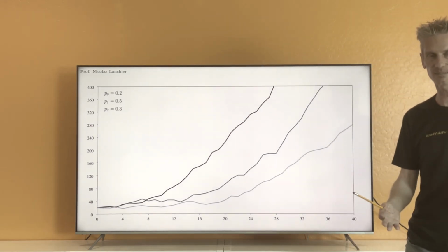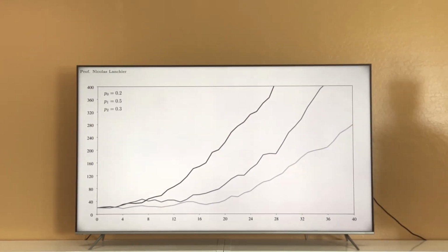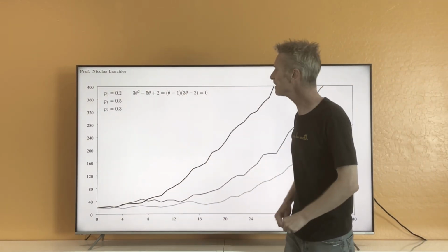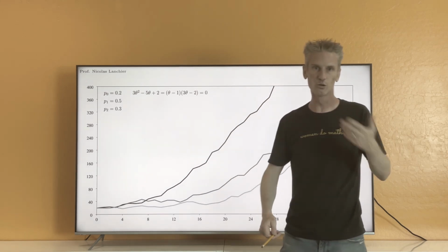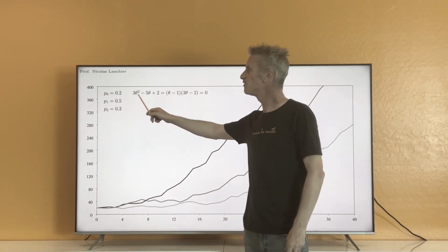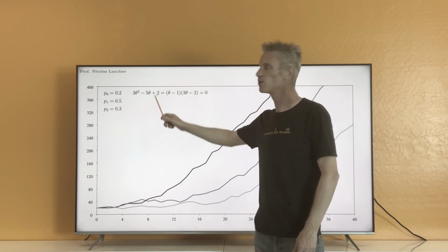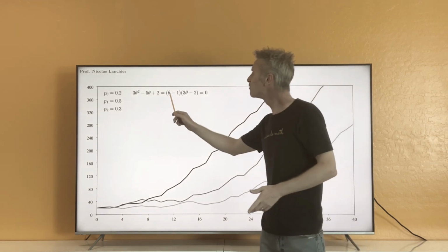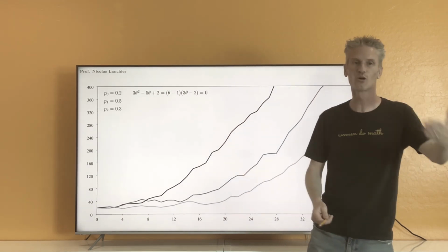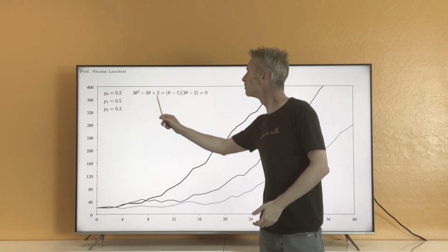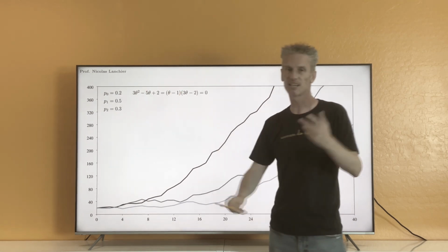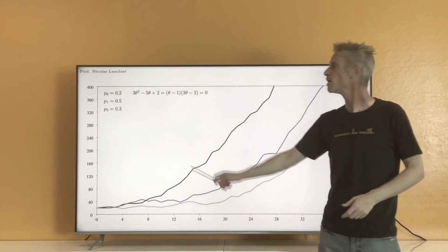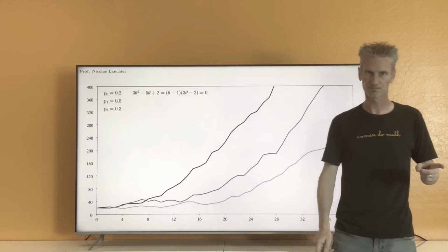You want to solve that. You can simplify it by multiplying by 10, and so the goal is to find the roots of the polynomial 3 theta squared minus 5 theta plus 2 equals 0. But again, theta equals 1 is always a root, and so you can express this as theta minus 1 times a polynomial with degree 1. You can easily see that this polynomial is 3 theta minus 2.